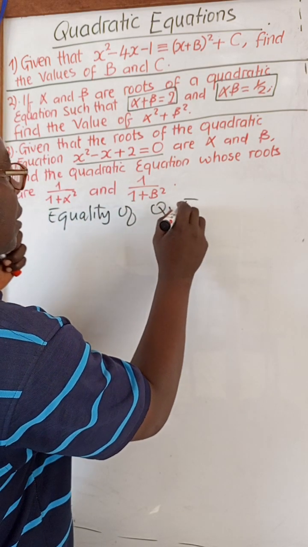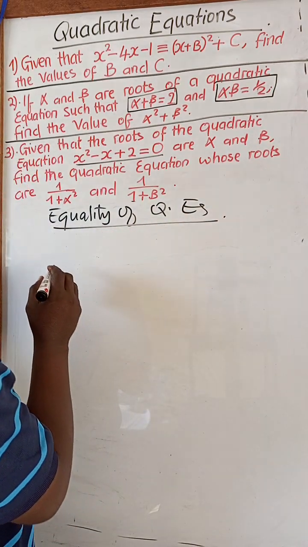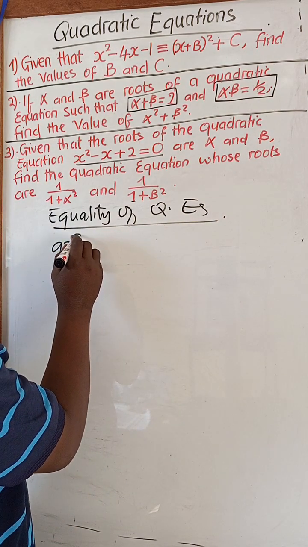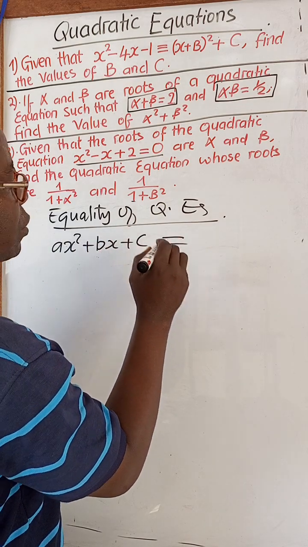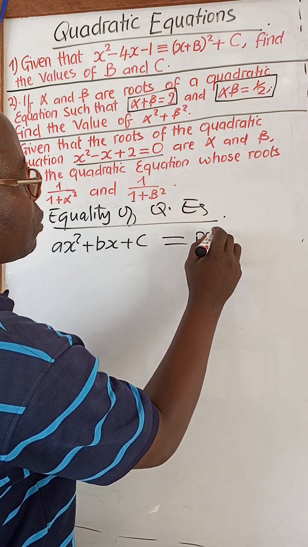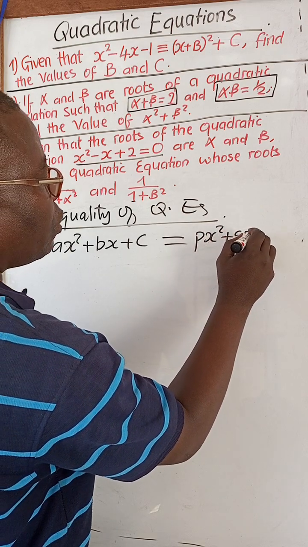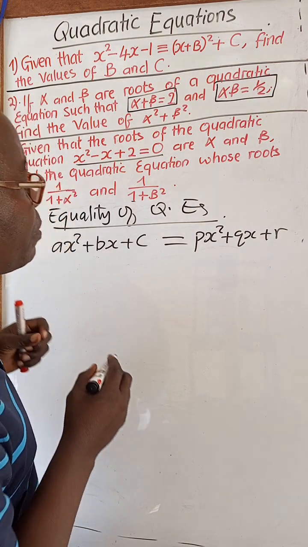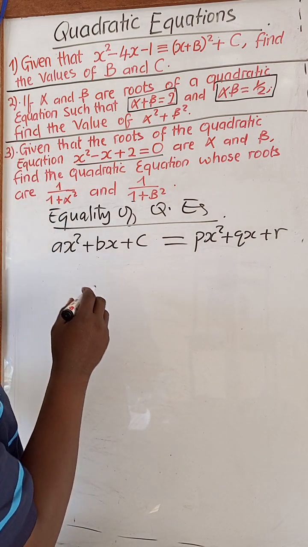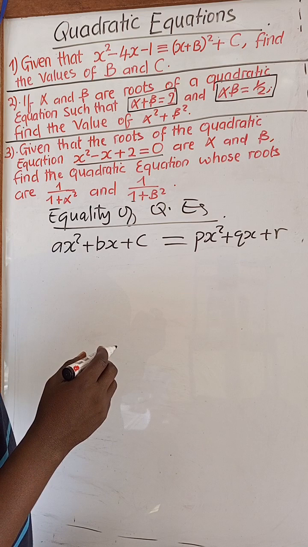of quadratic equations. Now, if we are given a quadratic equation, ax squared plus bx plus c, and we are told that it's equal to another quadratic equation, px squared plus qx plus r, then this equality is only possible if coefficients of corresponding terms are equal.